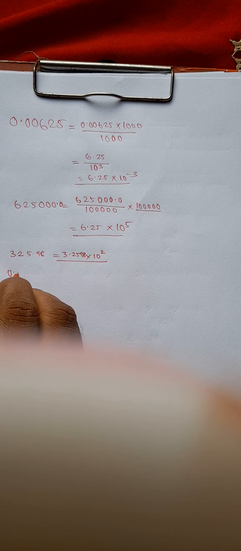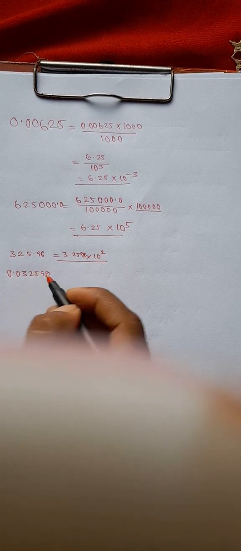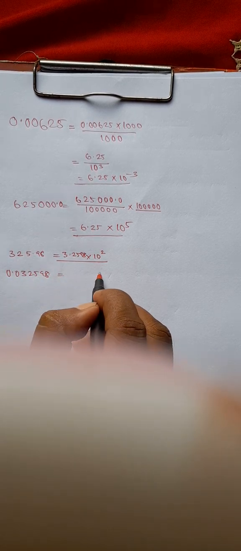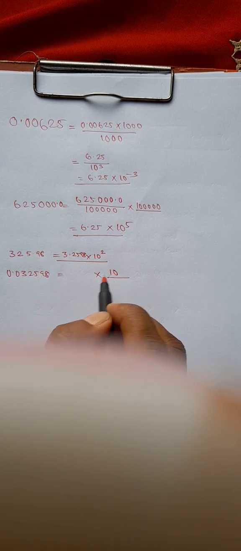And say for example 0.032598. How will you express this in scientific method? Here we will have to shift the decimal to the right side. The exponent of 10 will be negative.